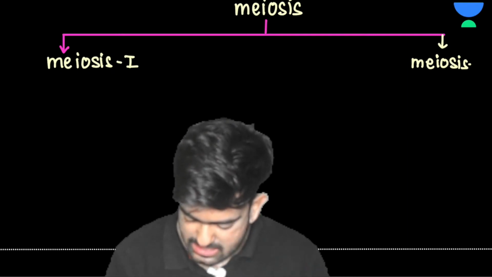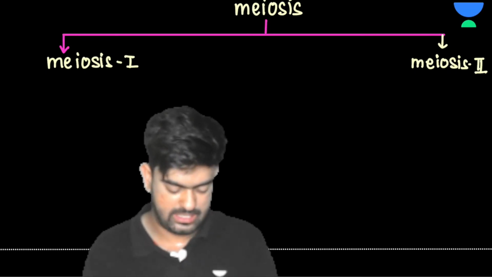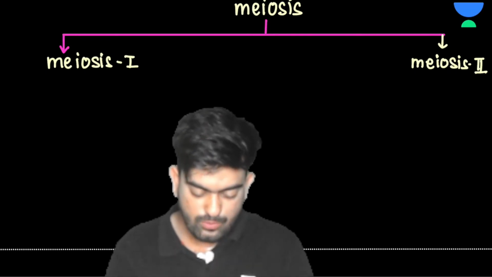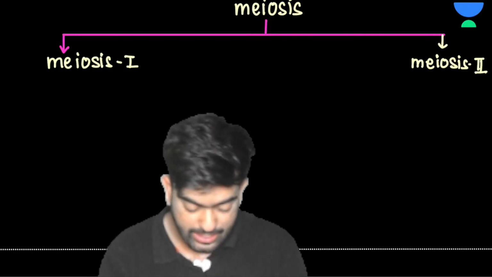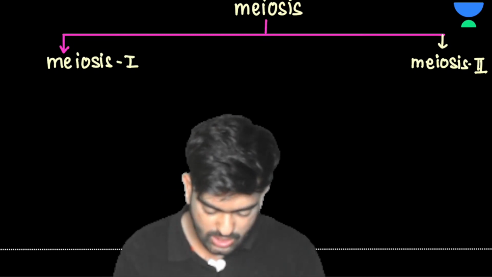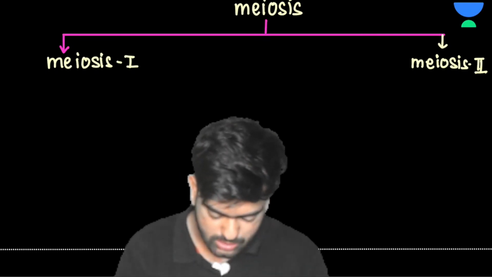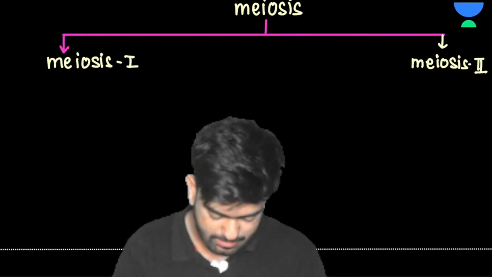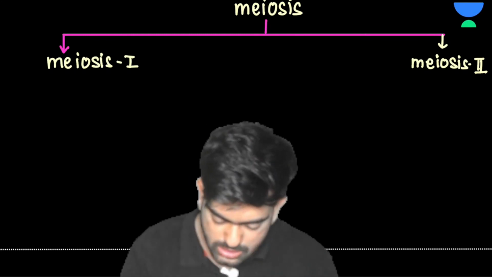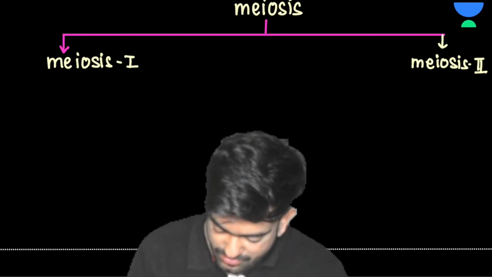Next, we are going to divide meiosis 1 and meiosis 2 here.